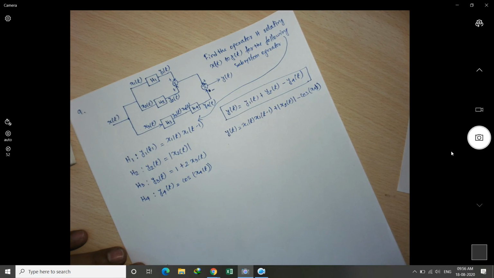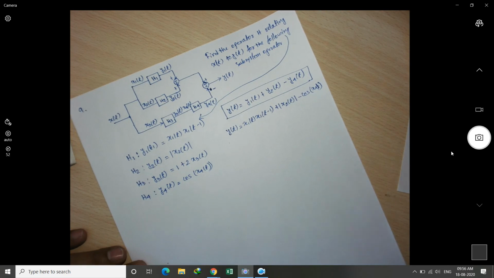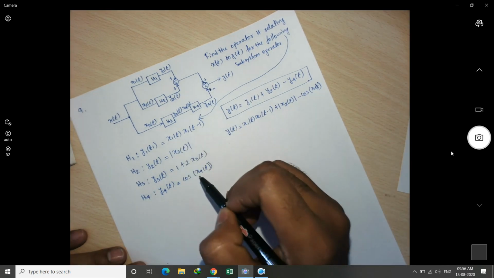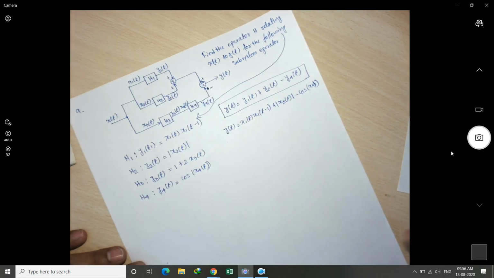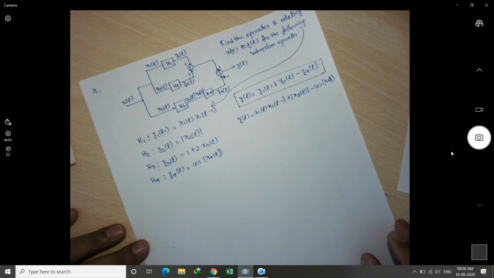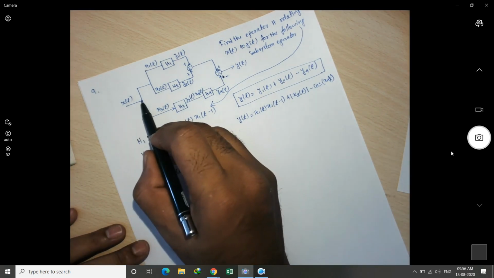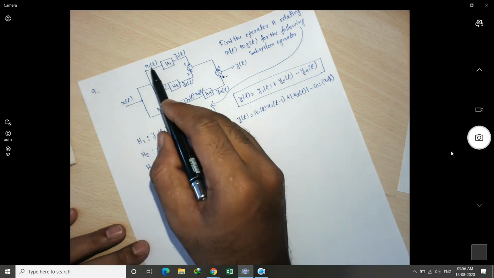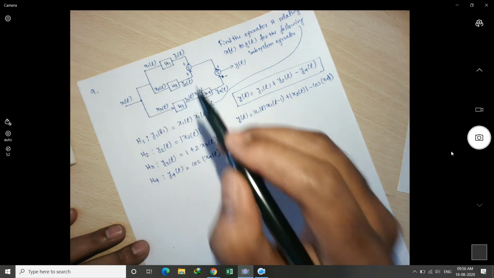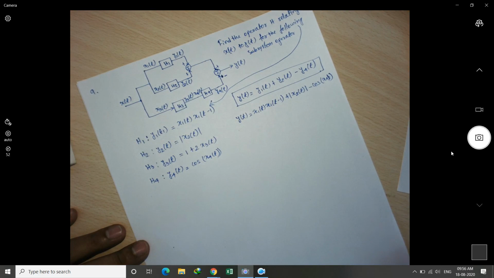Right? So first of all, our task is to define x1, x2, x3 and x4 with respect to xt. Fine. From the diagram itself, at the initial position, x1, x2 and x3 are directly our xt, right?